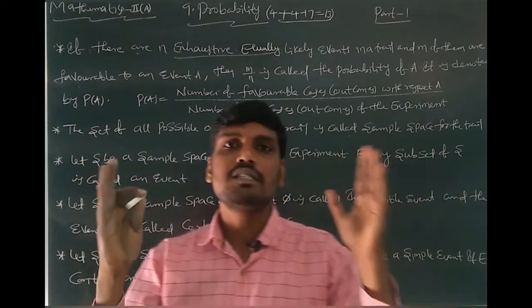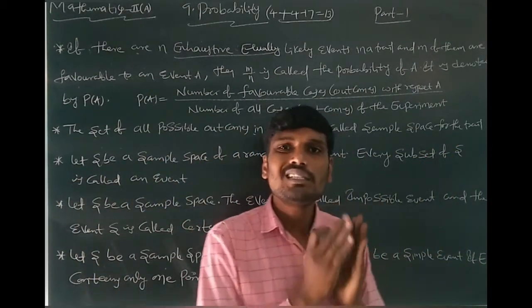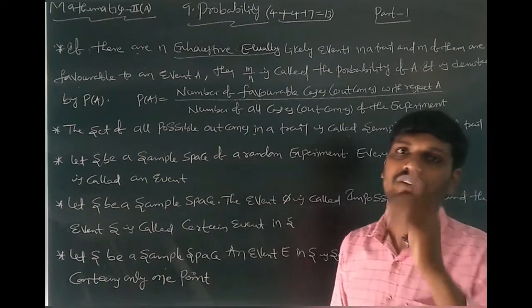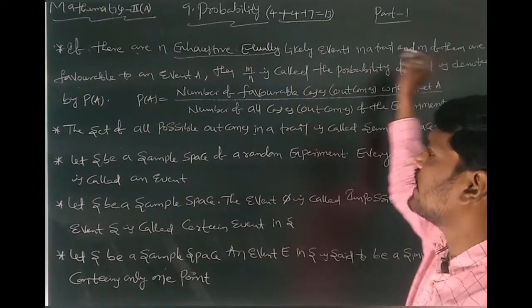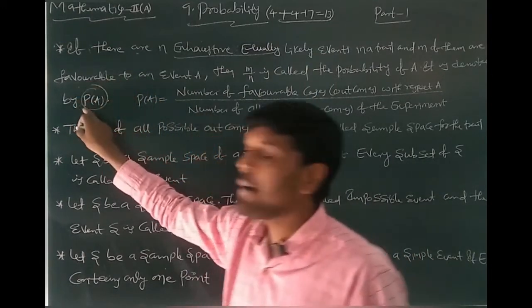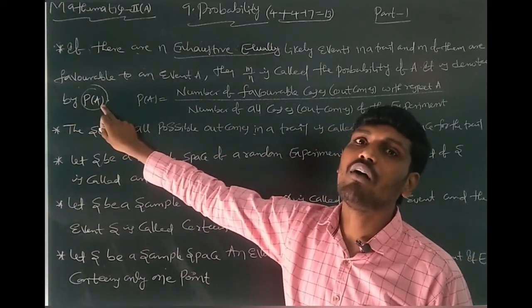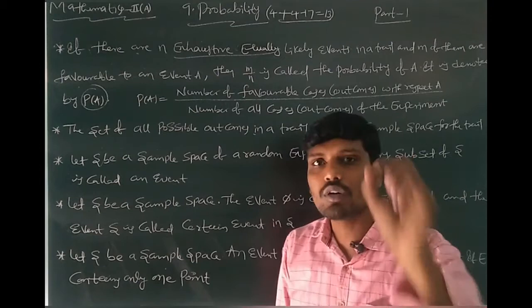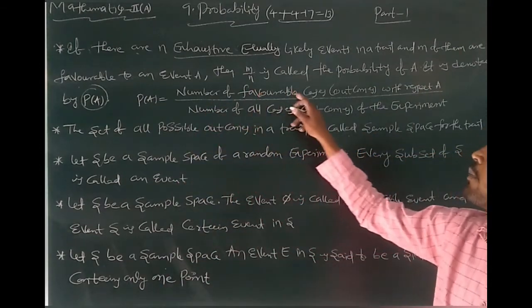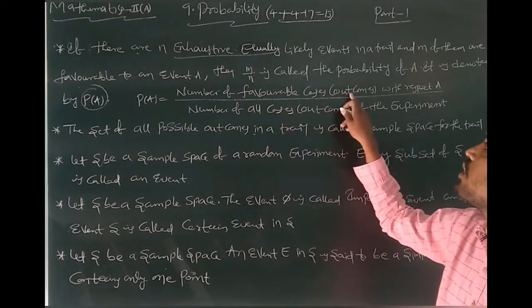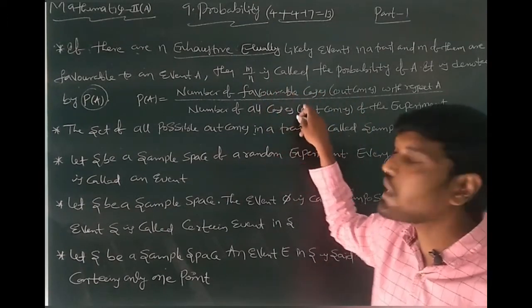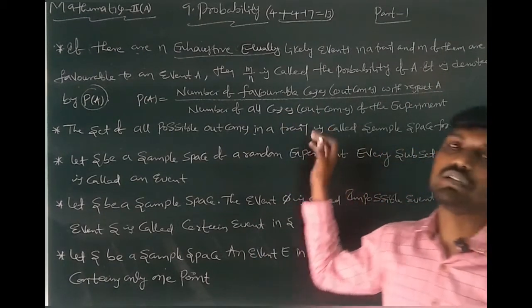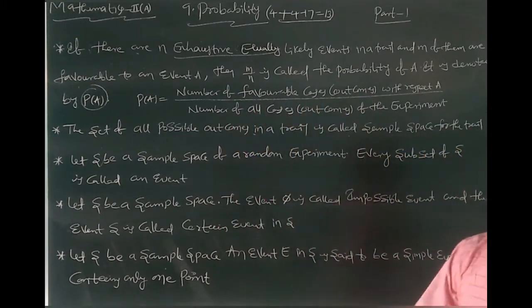Here the total number of events is n. In these n events, m events are favorable, then m by n is called the probability of event A. This probability of event A is denoted by P of A. The formula is the number of favorable cases, that is outcomes or results, with respect to A, divided by the number of all outcomes, all cases of the experiment.